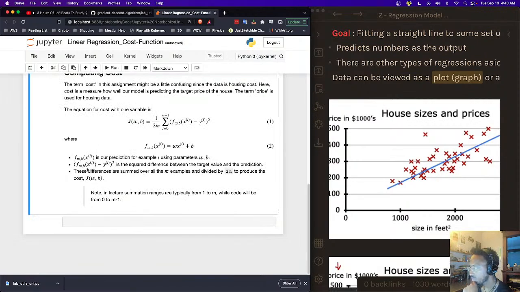These differences are summed up over all the m examples and divided by 2m to produce the cost. Note, in lecture, summation ranges are typically from 1 to m, and in code will be from 0 to m minus 1.